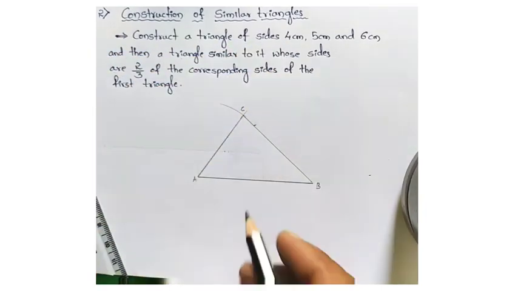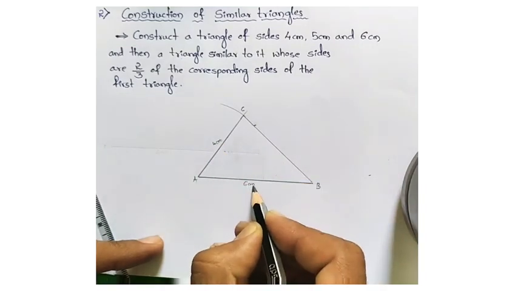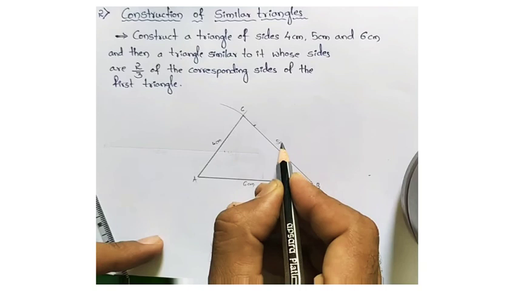That is 4 cm one side, next 6 cm another side, and the 5 cm.